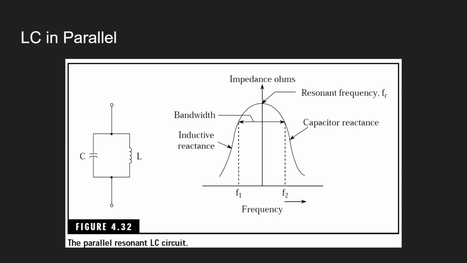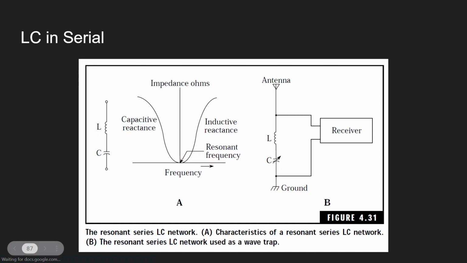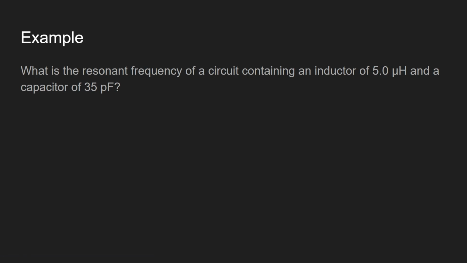And actually for LC in series it is also the same. Why it's the same is because we try to lower the impedance of the whole circuit, so you may parallel it with a very high ohm resistance, so that the currents will flow into your LC circuit. This is how you make use of the LC circuit: in series, very low impedance, and LC in parallel you have a very high impedance.